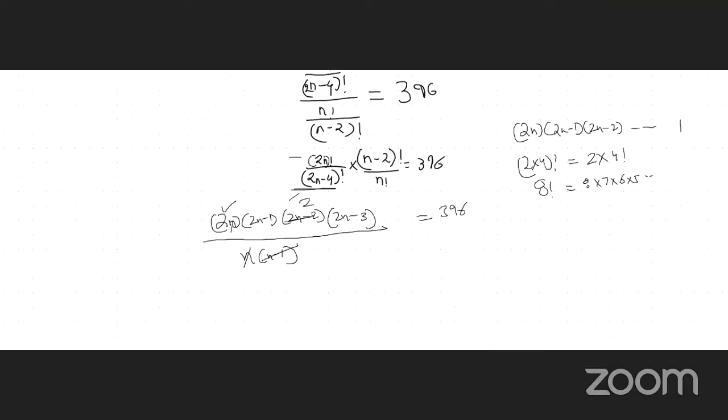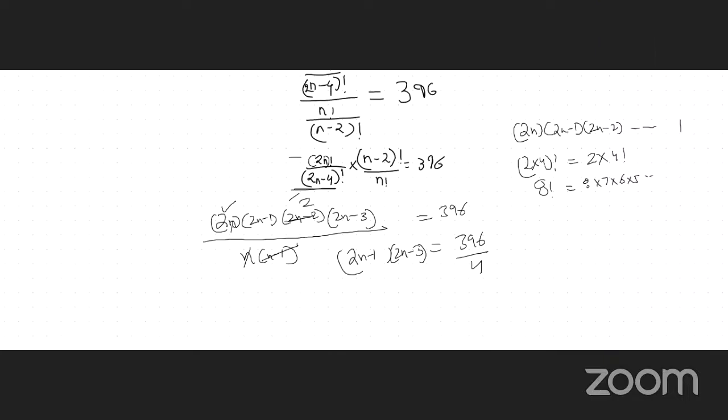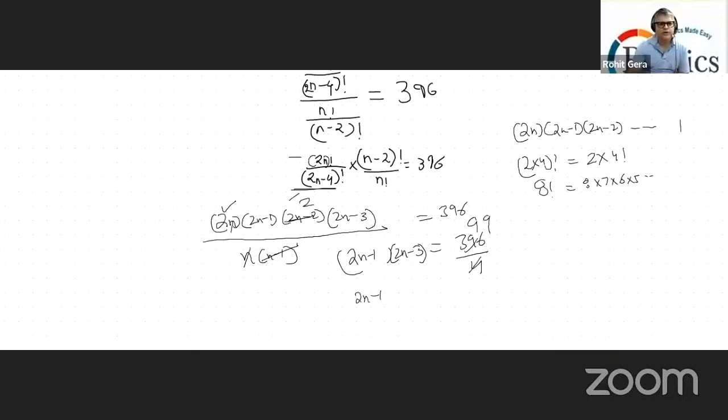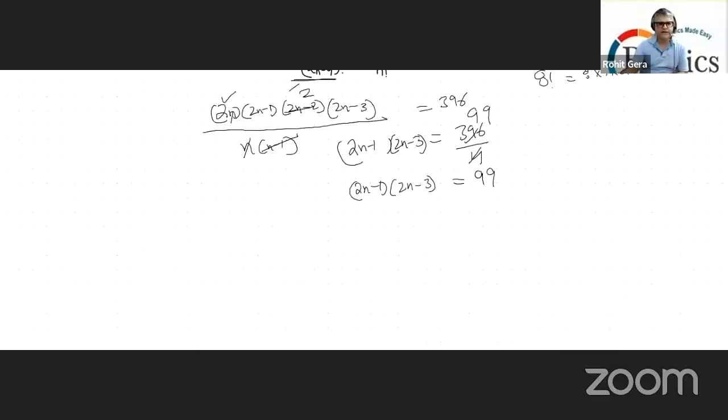2 2s are 4. So 2n minus 1 into 2n minus 3 is equal to 396 by 4. 4 9s are 36, so 2n minus 1 into 2n minus 3 is equal to 99. It is a quadratic.